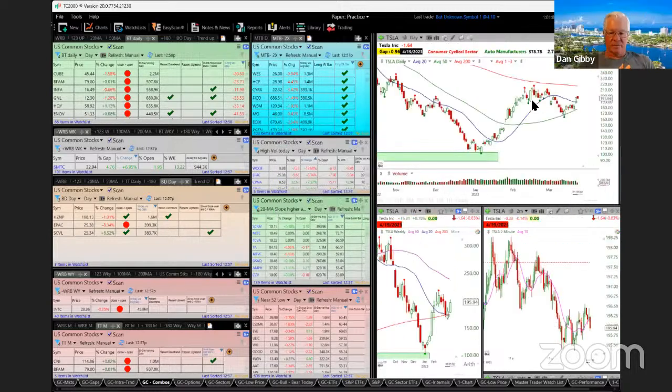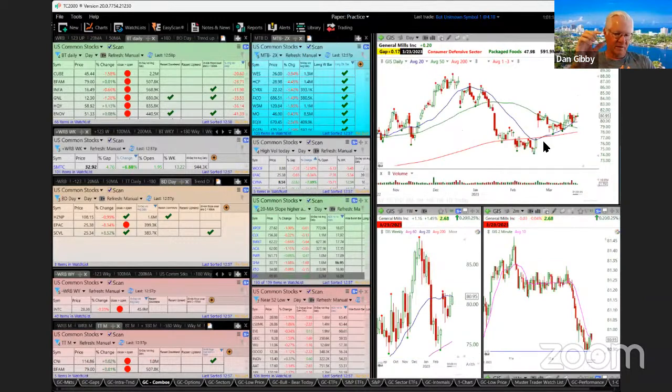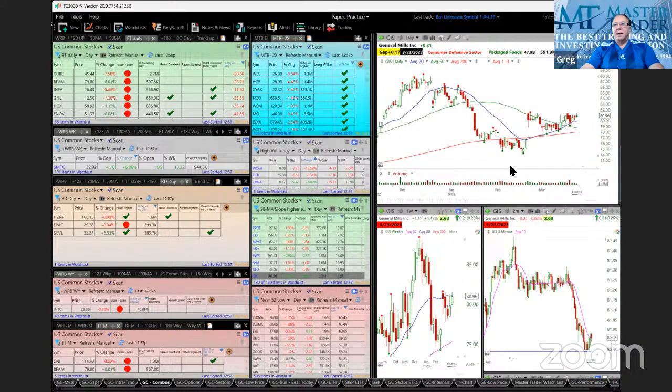Well, Greg, just look at GIS also, same sector as PG. This would be a good one for what you're illustrating, plus topping tail ignored if it triggers tomorrow. Yeah. So this one had the similar correction to PG. It gapped up. I don't know why, maybe earnings. And rather than basing down here as PG did, it gapped up.